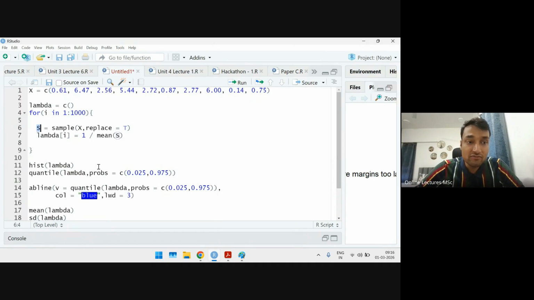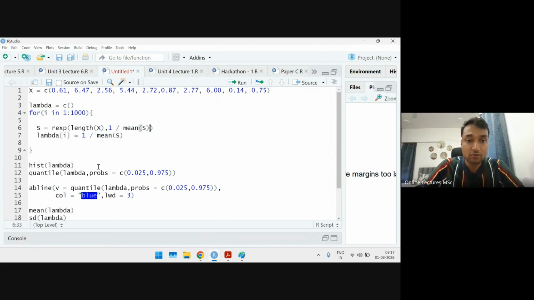It's only the way you draw the sample. Line number 6 changes. Since I am confident that things come from exponential, I will draw a sample from the exponential family with the number of data points my x has, hence length of x, and my lambda would be nothing but 1 by mean of x.